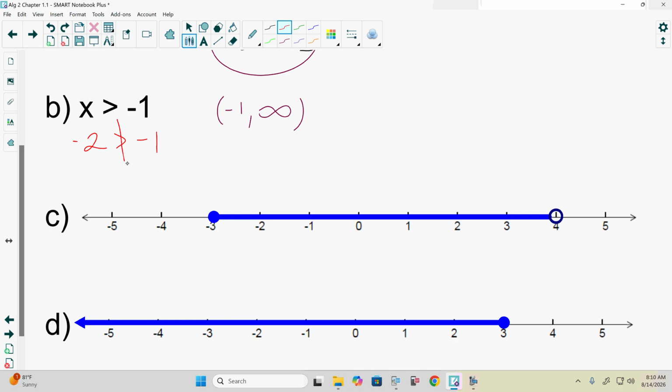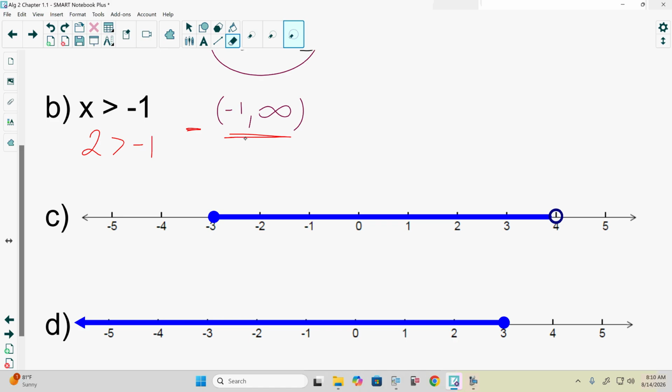No. And luckily, -2 is smaller. So let's instead say 2. Is 2 greater than -1? Yeah. And it is considered to be within this here.